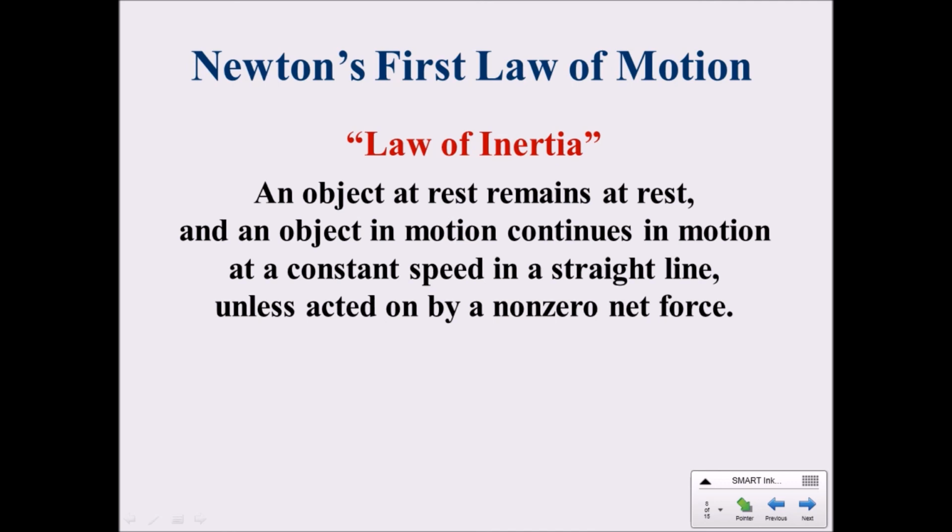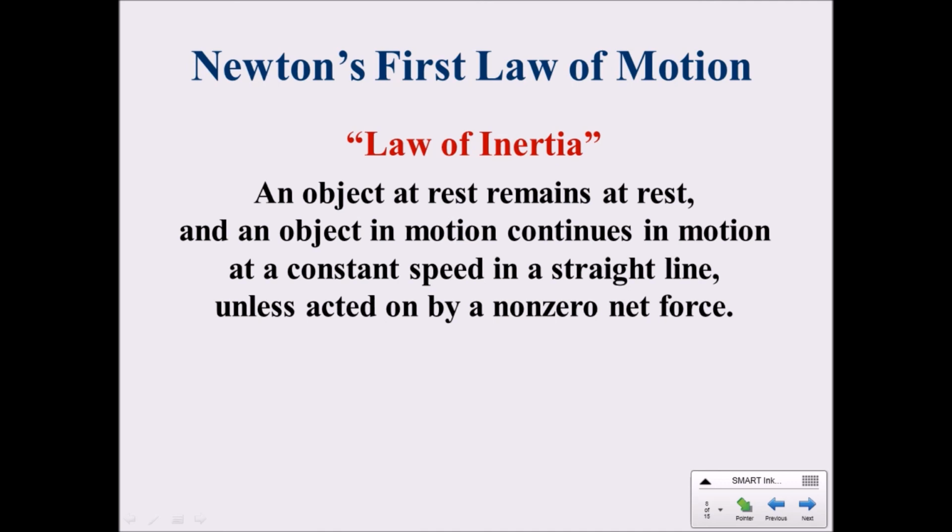Newton's first law is something that you've often heard. Newton's first law often will get repeated as an object at rest stays at rest, and an object in motion will continue in motion. But that's not exactly a complete definition.